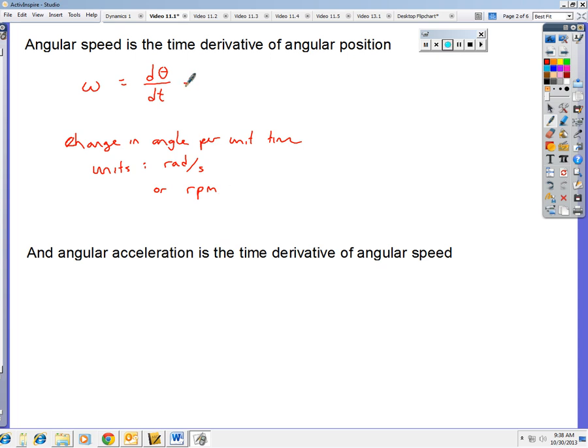Now here's a nice little trick. If you take the derivative of theta, if you measure theta in radians, theta equals the arc length over the radius. But the radius is a constant, so it can come out of the derivative.